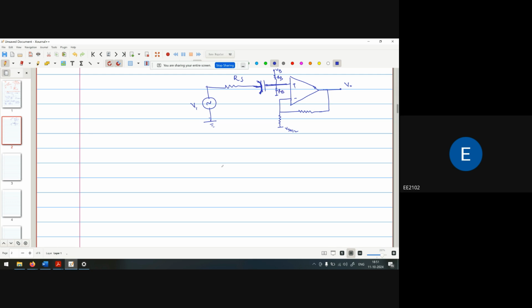So if my RS value is 0, or C value is 0, I can say my time constant is infinite. Or I can say RS plus RB by 2, that means this resistance should be 0, or the capacitor should be 0, and I can say my time constant is infinite.